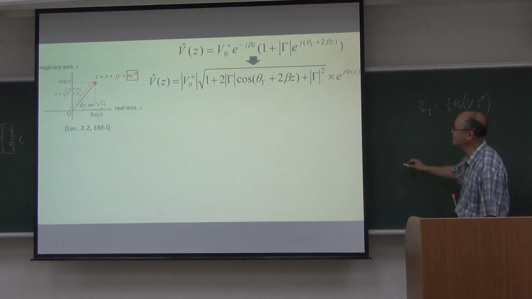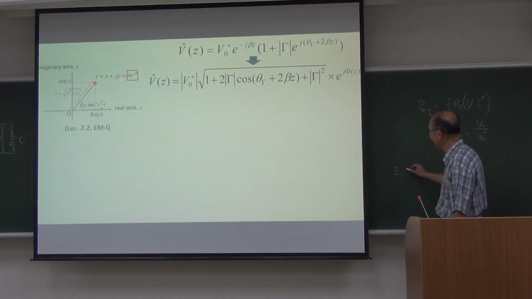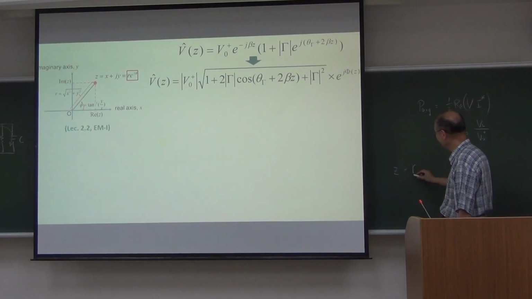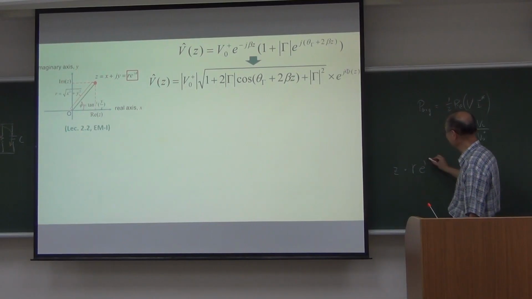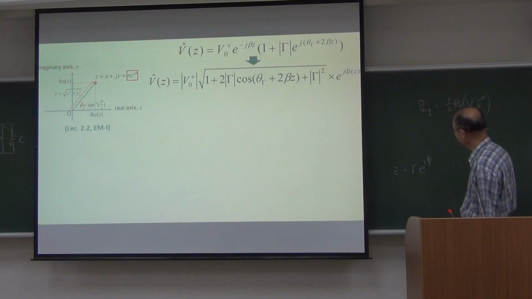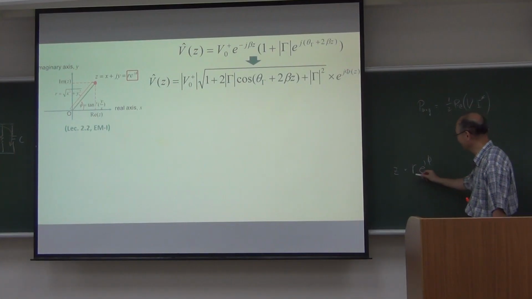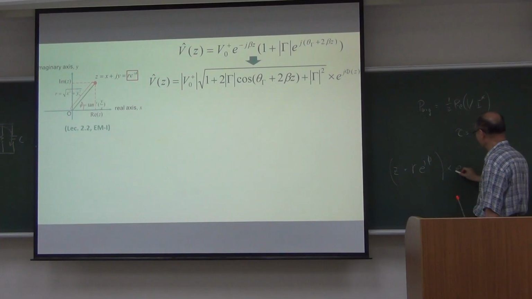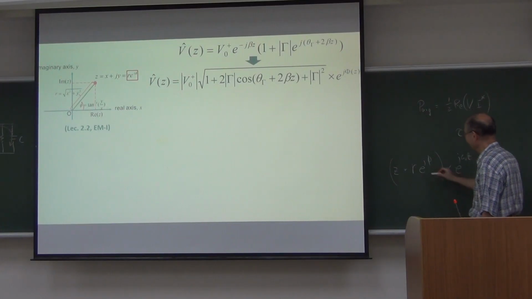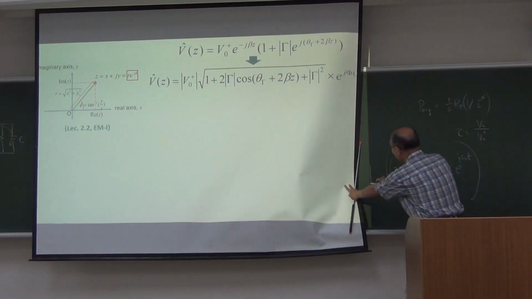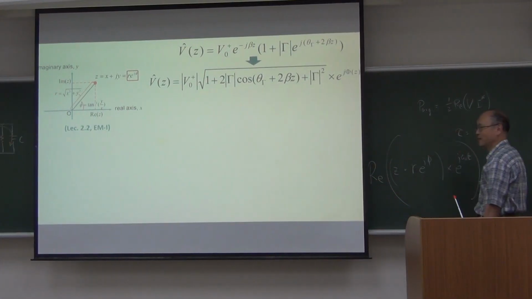你看哦，我这有一个 z equal to a radius exponential j phi。然后呢，我把它变成真正的讯号的时候呢，exponential j omega t，and take the real part.